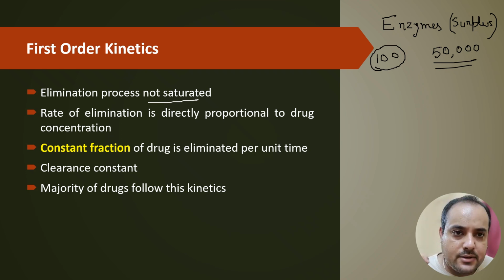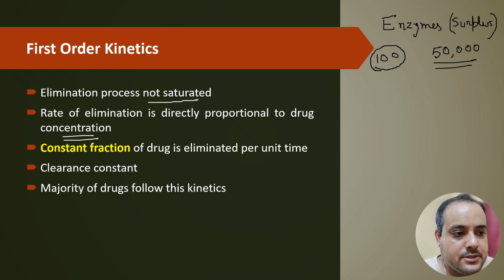Now for first order kinetics, the rate of elimination is directly proportional to the concentration of the drug. And another thing, in first order kinetics, a constant fraction of the drug is eliminated per unit time.